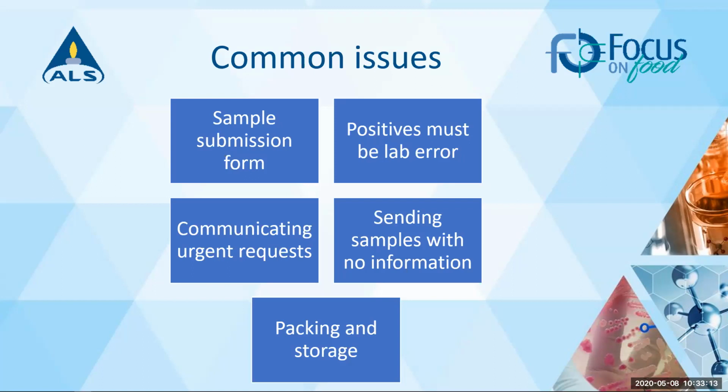When asking for urgent testing, please try to speak to the lab at least 24 hours in advance to confirm whether they're able to do an urgent turnaround or not. Allergen testing is batched, and this helps obviously to keep prices down for clients. It makes it more efficient for us to run them.